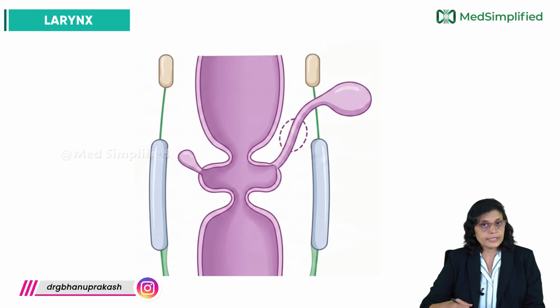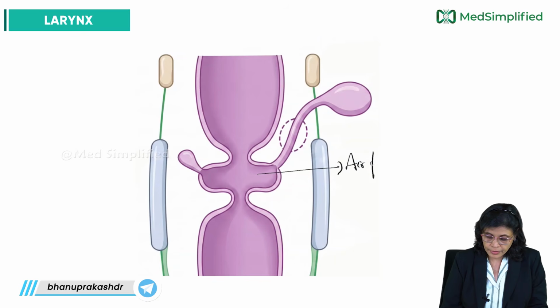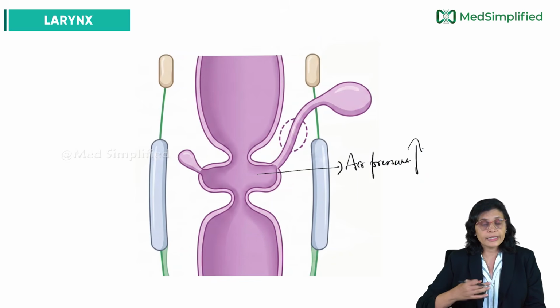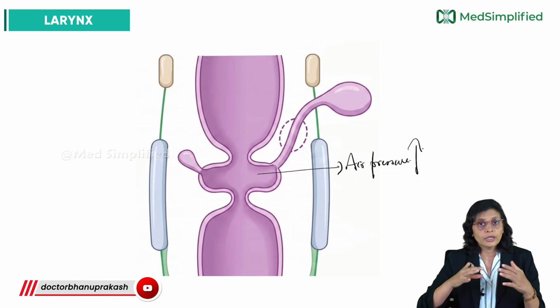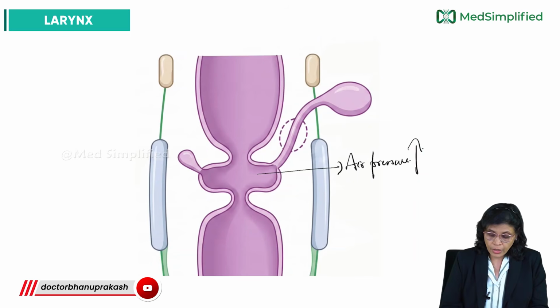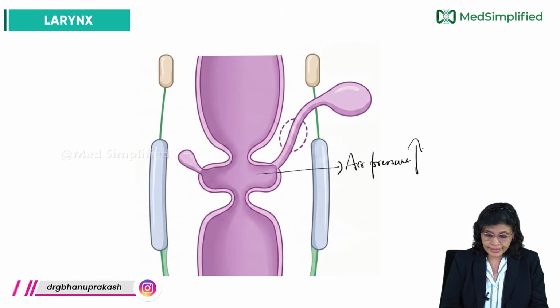Here we studied the ventricle, and in the ventricle the saccule. Sometimes, if the air pressure within the laryngeal sinus is raised very much, especially in trumpet players, glass blowers in the glass manufacturing industry, or heavy weightlifters, the air pressure within the larynx is increased.